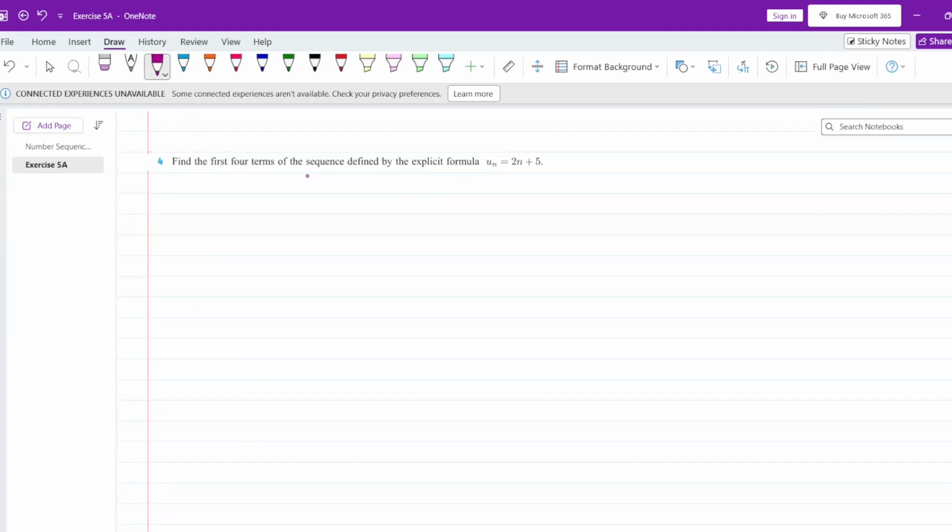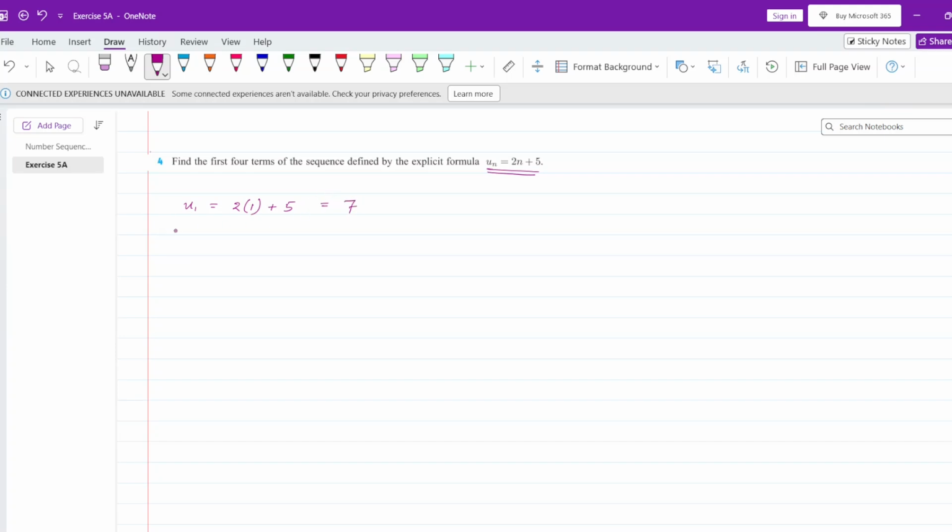Find the first 4 terms of the sequence defined by the explicit formula un equals 2n plus 5. So this is the explicit formula where if we put the value of n, we get the nth term. So it is asking us to find the first 4 terms. So let's find the first term first. u1 is going to be 2 times 1 plus 5.